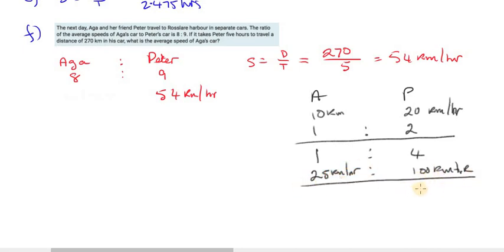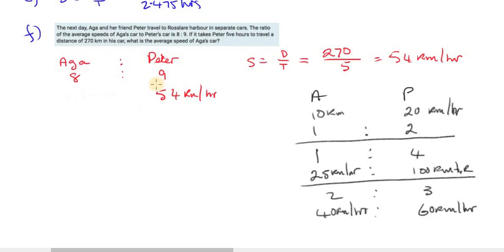Lastly, let's say the ratio is 2 to 3, and he's doing 60 kilometers per hour. What speed is Aga doing now? What we do is divide the 60 by 3, it's going to give me 20, and multiply it by the 2. It's going to give me 40 kilometers per hour.